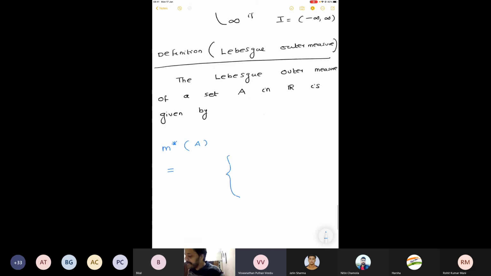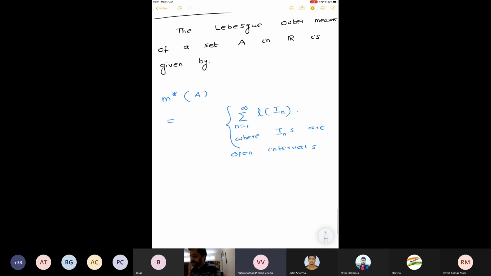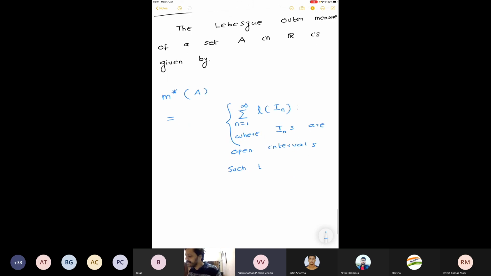So my definition would be the summation of length of I_n, n equal to 1 to infinity, where I_n are open intervals such that A should be contained in the union of I_n.